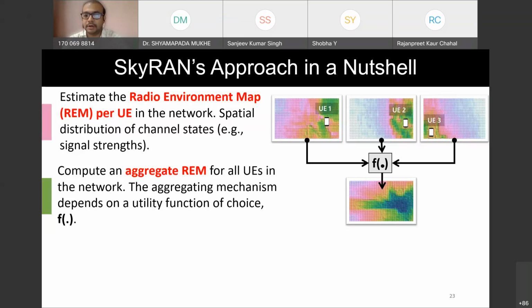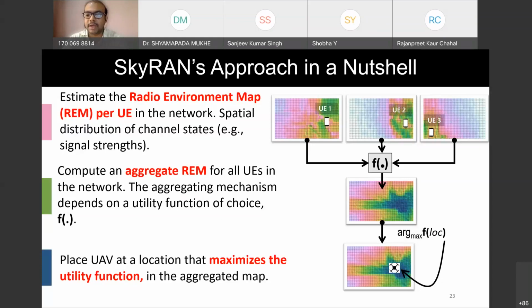So that f is the utility function of your choice. It could be median, it could be max, whatever you choose. And then, as you understand, we have to find the location that maximizes the utility function. We want to go to the place where the expected value of the utility function is highest, right? And we want to go and place the drone there.